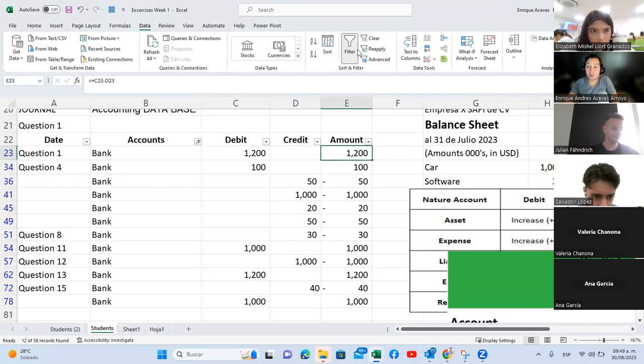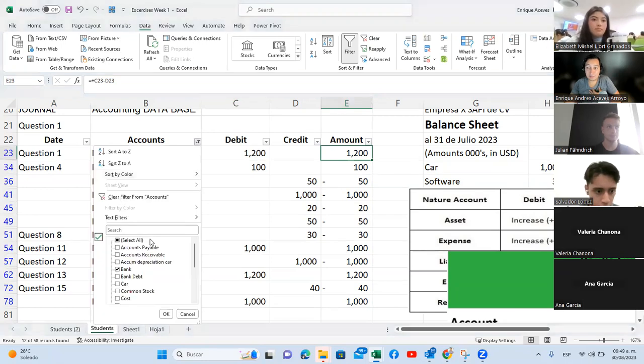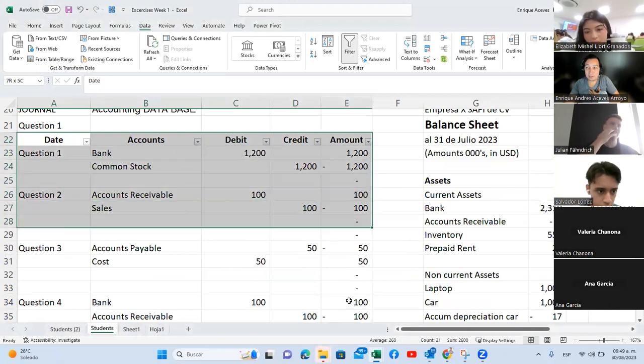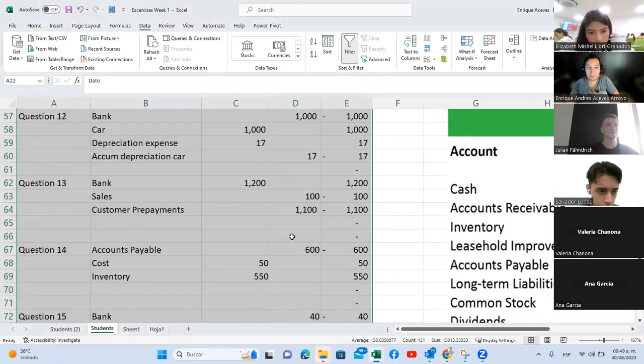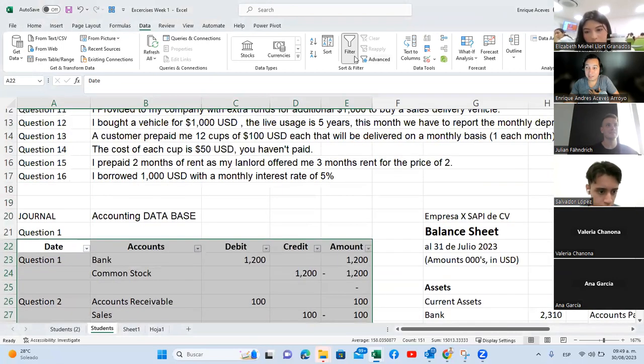Les estoy enseñando a cómo solucionarlo, porque pasan ese tipo de cosas. El chiste es que sepan cómo solucionarlo. Entonces, primero, seleccionas toda tu base de datos, ¿vale? Lo primero es que las sombreas. Ya que las sombreas, le aplicas el filtro que está en la pestaña de data.